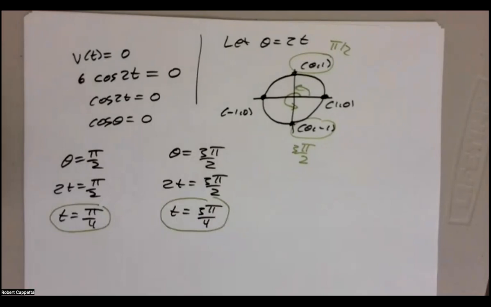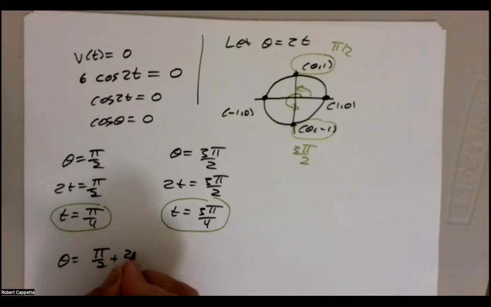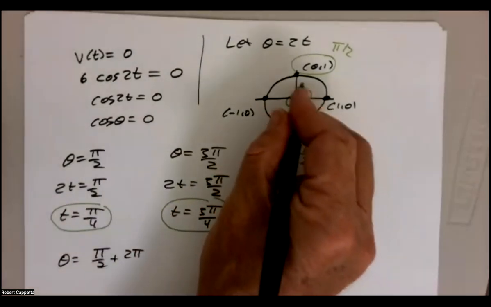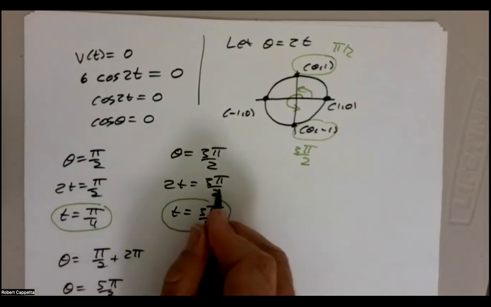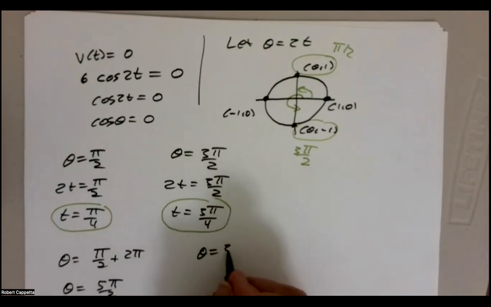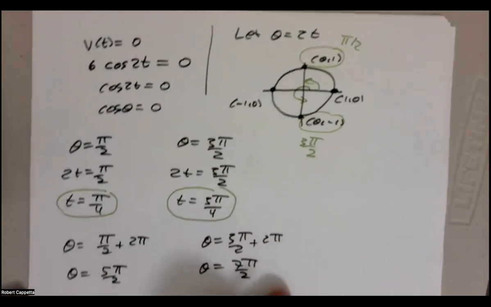What else do I have to say? I've got to say theta is pi over 2 plus 2 pi. That would go all the way around and back. So theta is 5 pi over 2. Also, theta is 3 pi over 2 plus 2 pi, which is 7 pi over 2.